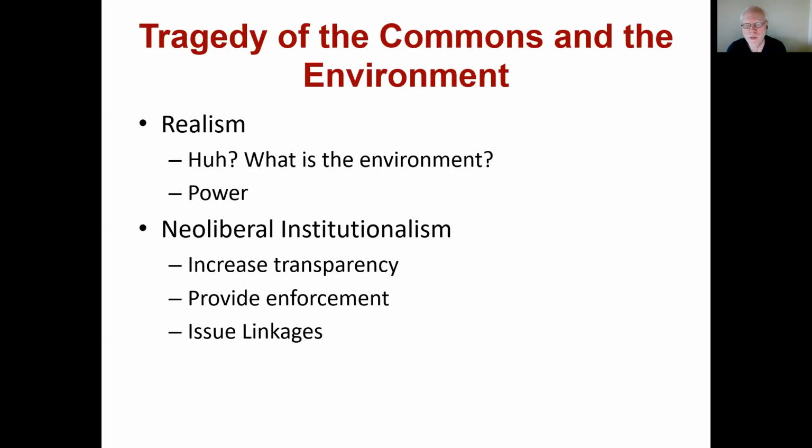Enforcement: if you're able to punish others for cheating, then you disincentivize the cheating. And issue linkages make it easier to make deals. So tie more than one issue together, say one where you have an advantage to one where you have a disadvantage, and so an agreement is reachable.